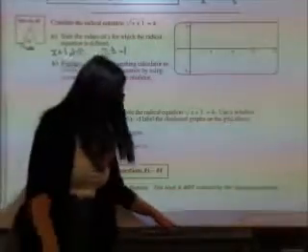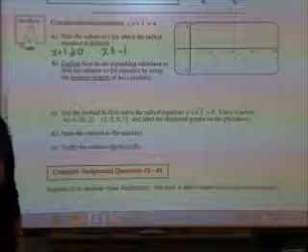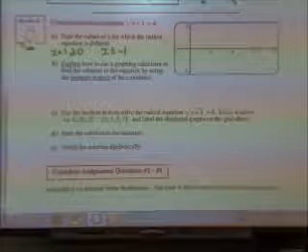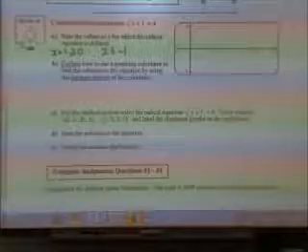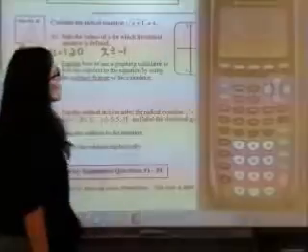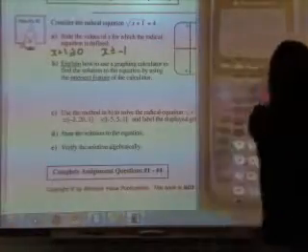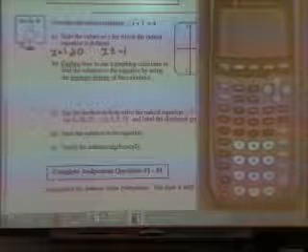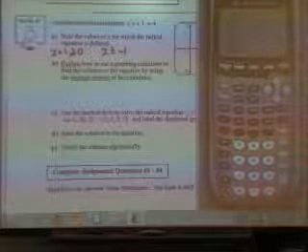So now if I wanted to use a graphing calculator, how would I use it to solve this? I'd go to my y equals. If you have any equations in your y equals, just clear them.